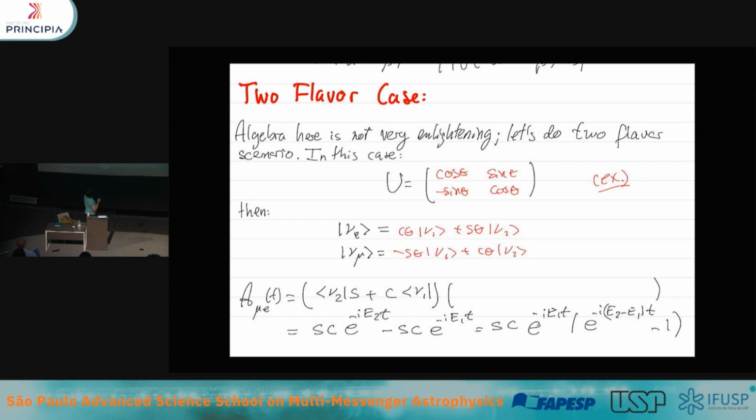That's nothing else but my final state, which is just the nu e. So I just copy this here. And then the time-evolved version of my nu mu state is just going to be the state with some phases written in there. So that's going to be minus sin theta, e to the minus i E_1 t, nu 1, and then you get plus cos theta, e to the minus i E_2 t, nu 2. Okay? So nothing fancy here.